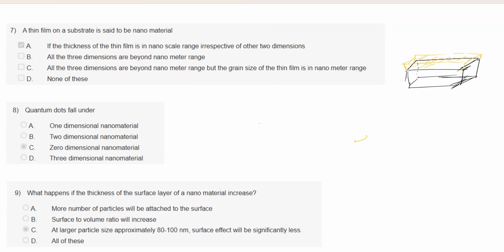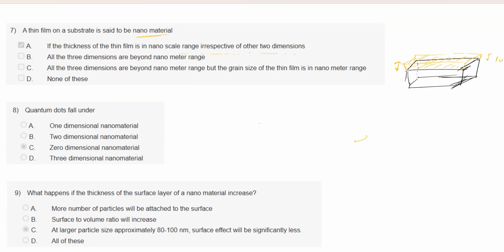This film is less than 100 nanometers, say 10 nanometers. So this is said to be a nanomaterial if the thickness of the film is in the nanoscale, irrespective of the other dimensions. Yes, this is true. The thickness should be in nanometers.